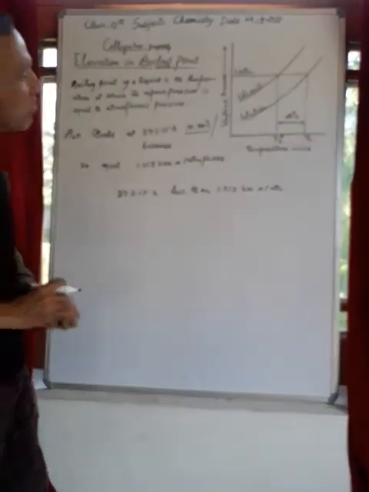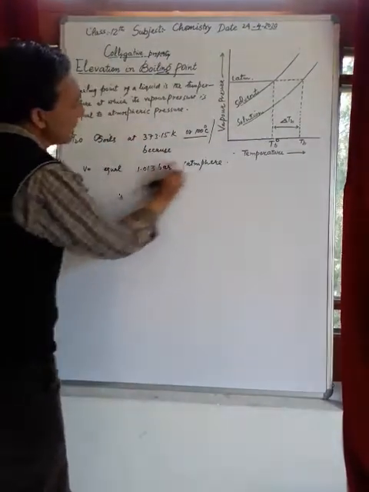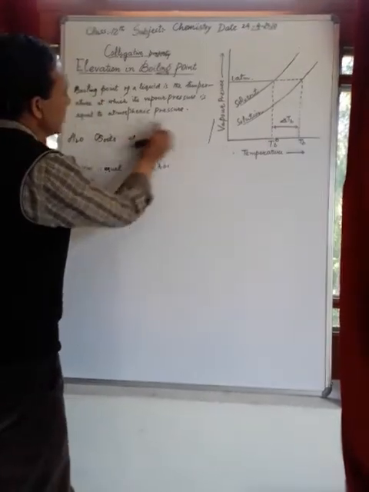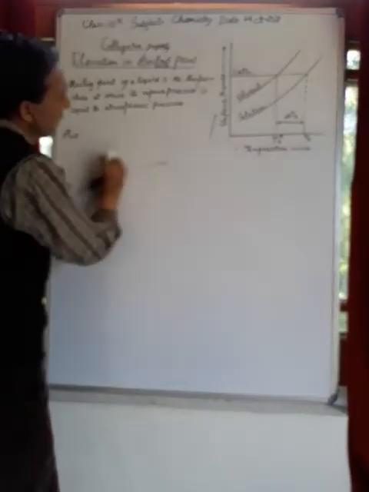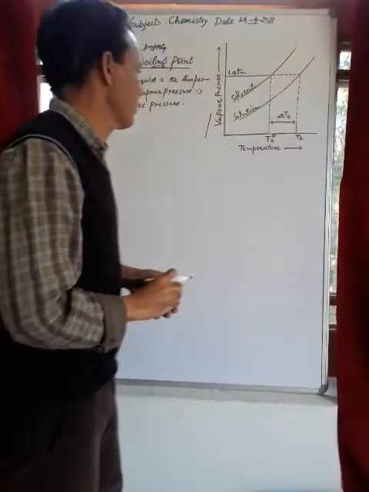Now this can be explained graphically. Here I have plotted the vapor pressure of the solvent and the solution against the temperatures.